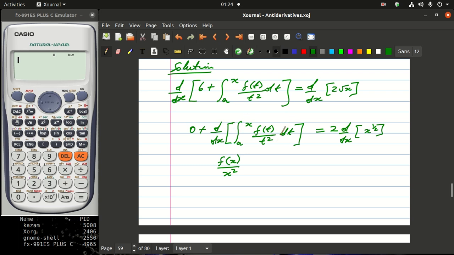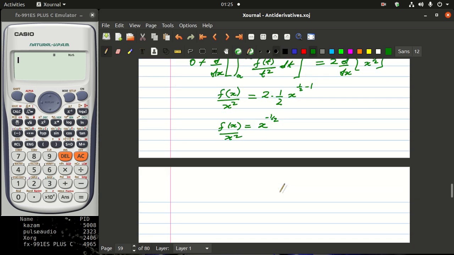That is going to be this derivative when we're using the fundamental theorem of calculus. And then we'll have 2 times the derivative of this, which is to bring the exponent down, keep the x, and then subtract a 1 there. That's how simple this is. So we have f of x divided by x squared is equal to this, and that will cancel out, and then this will cancel out, and now we'll be left with x raised to minus 1 over 2.